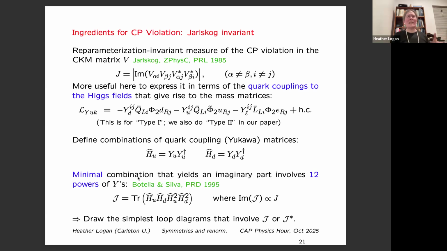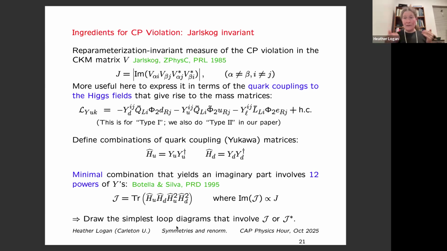It turns out that the minimal combination of these things that is going to yield a non-zero imaginary part involves 12 powers of Y. So it's this combination, and you can prove that this is the minimal combination basically because if you take this and complex conjugate it, that's the same as taking the Hermitian conjugate of the stuff inside the matrix. Each of these H hats is itself Hermitian, so the Hermitian conjugate of all this stuff is just to reverse the order. And then you can use the cyclic property of the trace to move stuff from the end to the beginning or from the beginning to the end, okay?